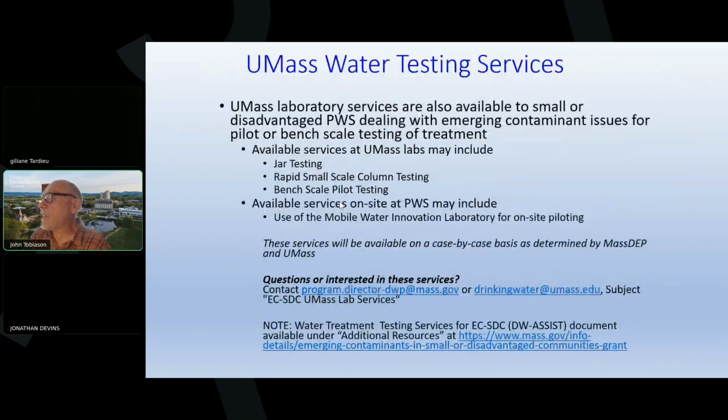Another is that we can engage in some lab and small scale pilot work. We have a mobile water innovation laboratory, and we haven't actually implemented one of these yet, but are contemplating a couple different options. We can do bench scale lab services, and we have some resources within the grant to pay for some of this to help some small systems. There's a document here with a link that describes these services in more detail, but we'd be happy to communicate about that. Those are a couple of things on the UMass side of this.